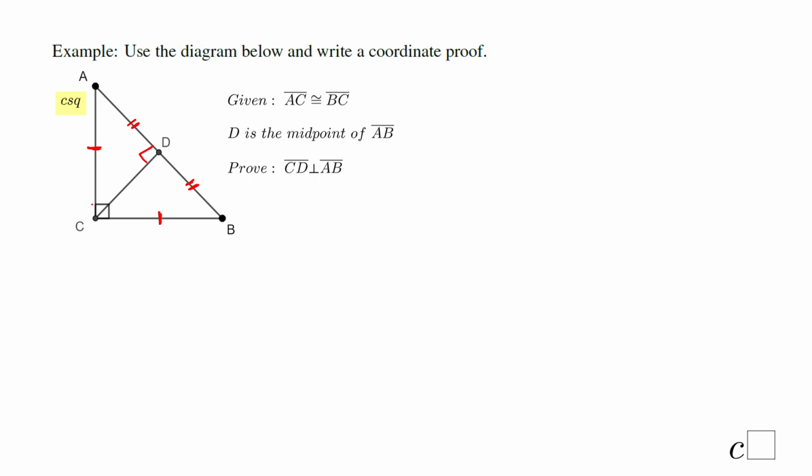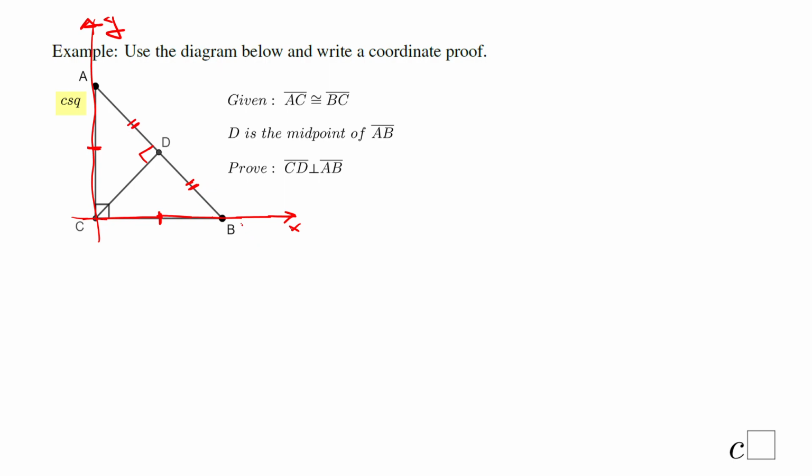So again, we're going to use this coordinate proof. I'm going to draw this x-axis. I'm going to draw this y-axis. And very similar, I want to make the computation easier.